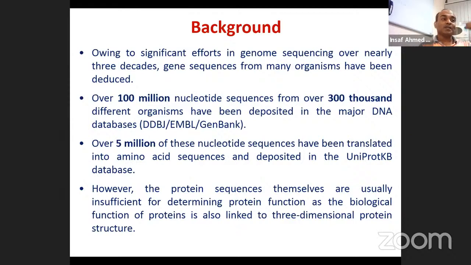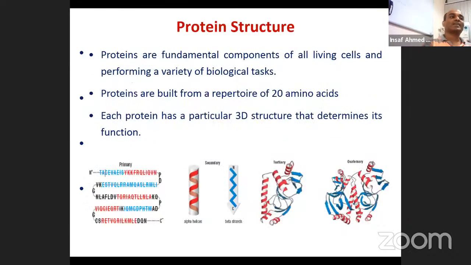Now for these 5 million, it is not enough that I know the protein name or the annotation. I should know the function of the protein also. To know the function of the protein, it is very important to know the structure of this protein. For that, we are talking about the protein structure hierarchy.